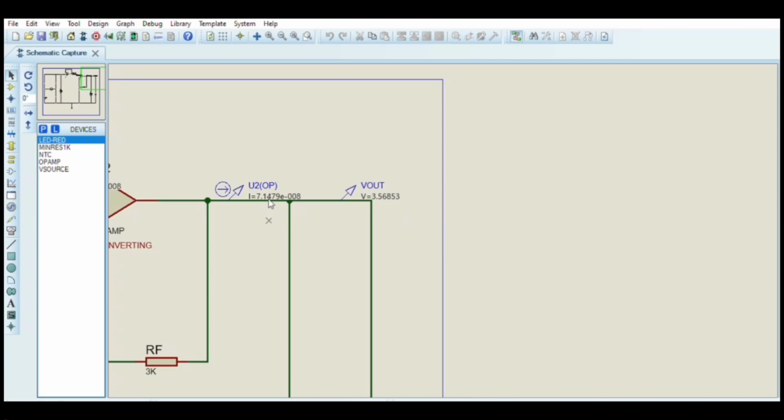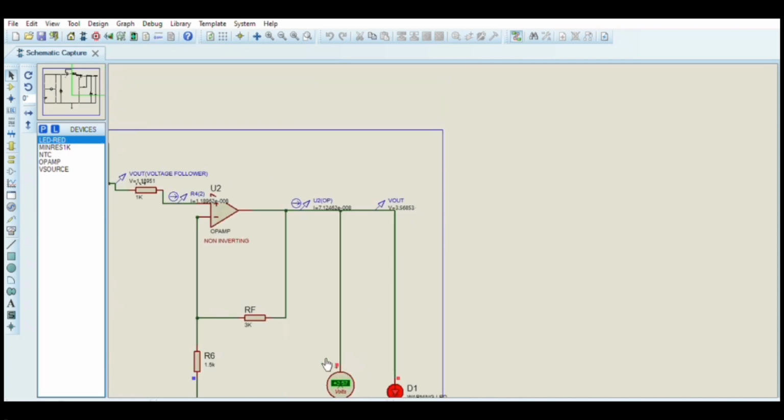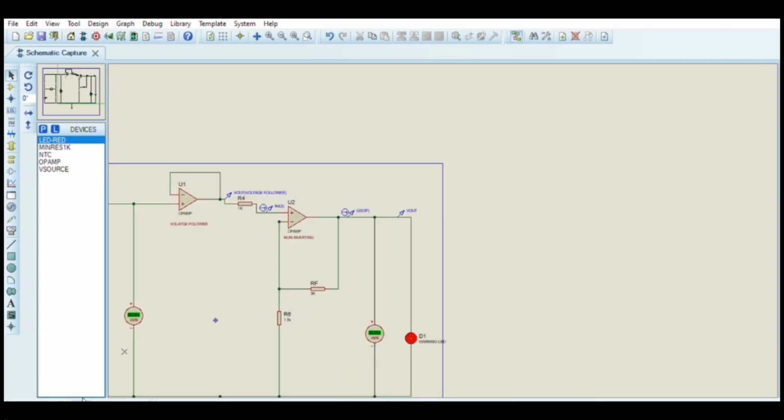The Vout for the voltage follower will be the same as the DC voltage, and for the Vout at the LED we get 3.57.